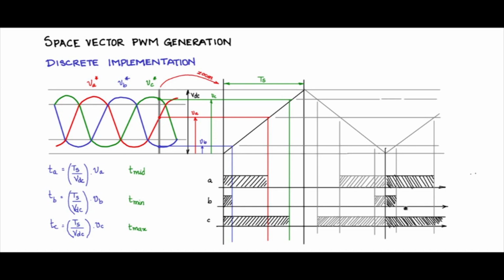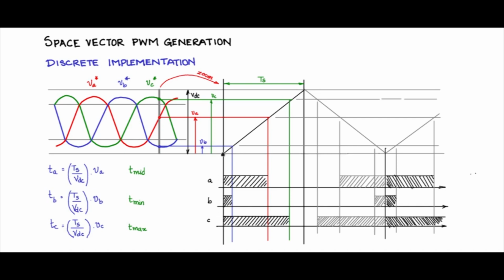Let me darken this so that you can make out a difference. Observe, nice thing is that this period is Ts, but as far as the switching is concerned, you will see that there is no change in the switching state of the inverter when it is crossing the boundary. So this remains high, this remains high, and this remains high.